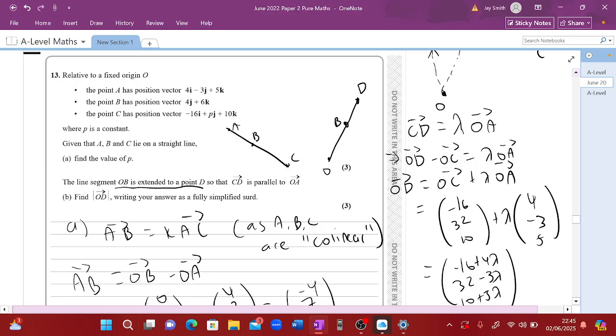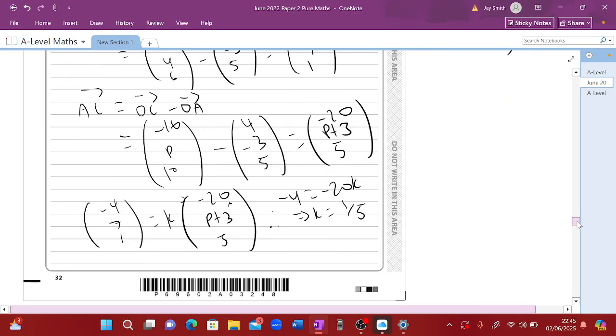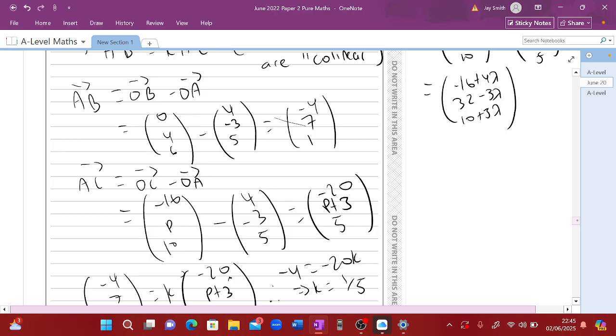So O, B, and D lie on the same line. So by that logic as well, O to B is parallel to O to D. So O to D is again going to be some multiple of O to B.